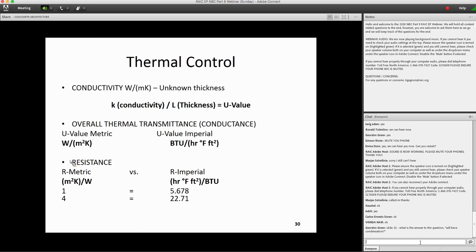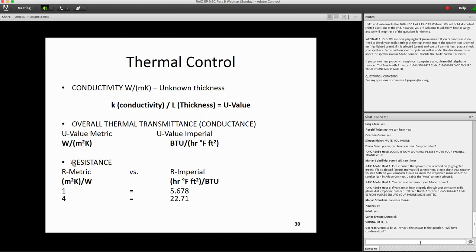The overall thermal transmittance or conductance is measured as a U value. Metric is watts per square meter Kelvin, and imperial is what we mostly use in the commercial spectrum. The resistance is the R value, something that I'm sure you guys have heard about.